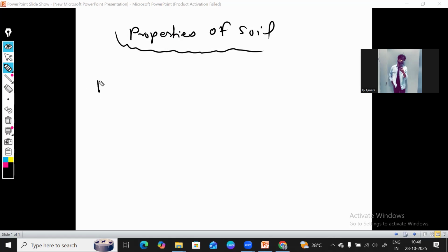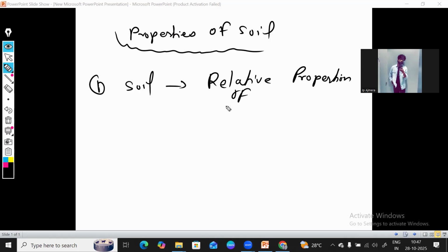So first, soil texture. What does this book say about soil texture? Soil texture refers to the relative proportion of various types of soil particles, or soil matrix.